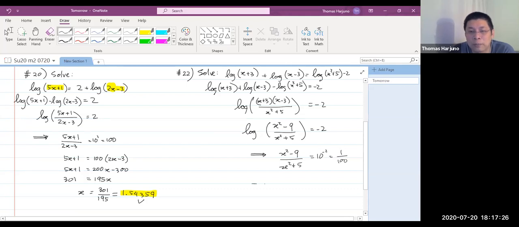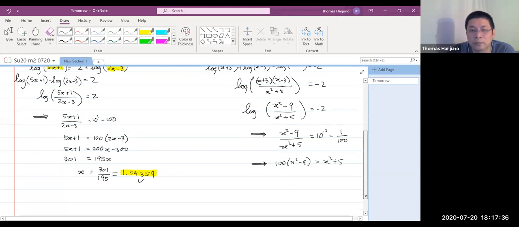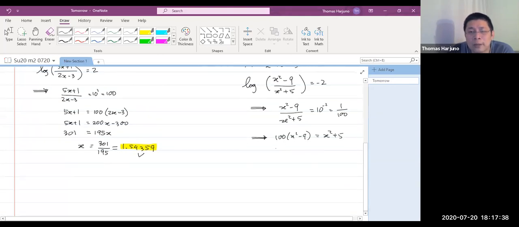So cross multiply, I will get 100 times x squared minus 9 equals x squared plus 5. What is this? This is 100x squared minus 900 equals x squared plus 5.